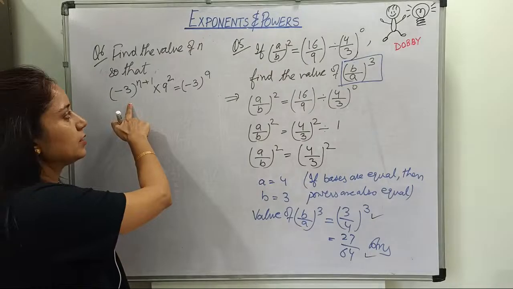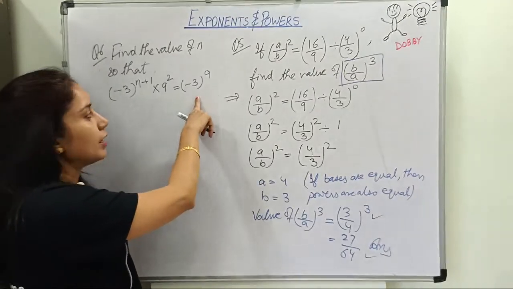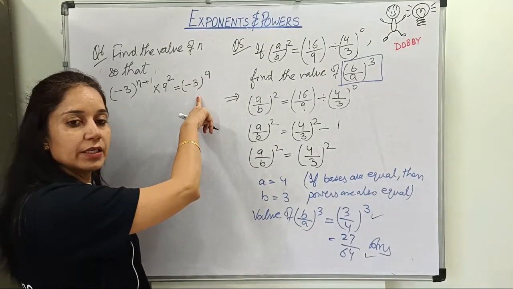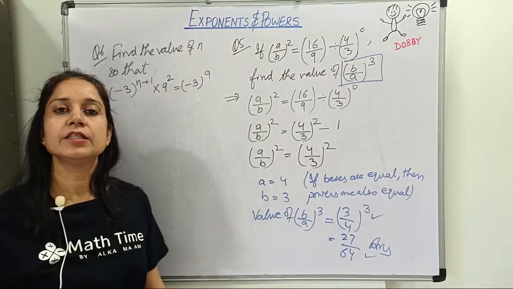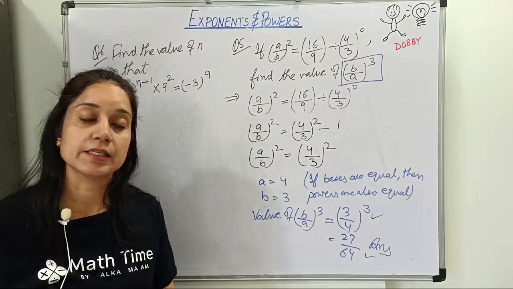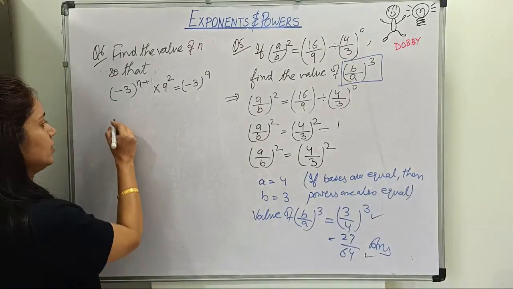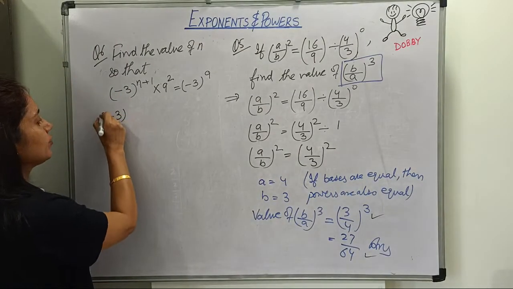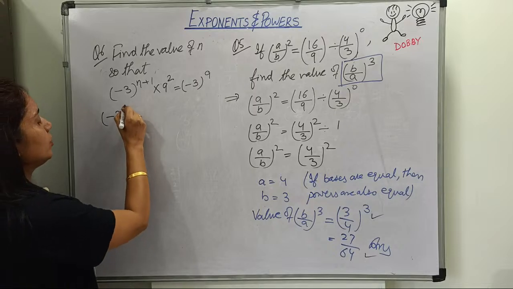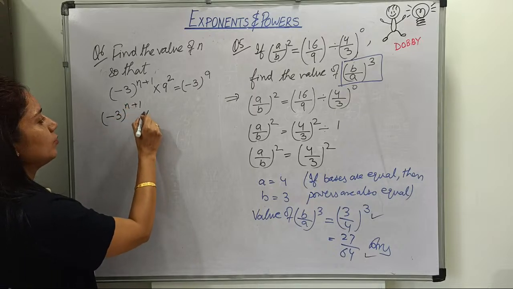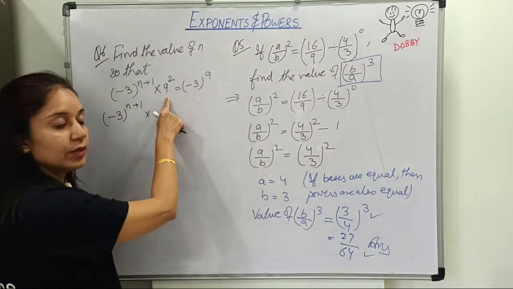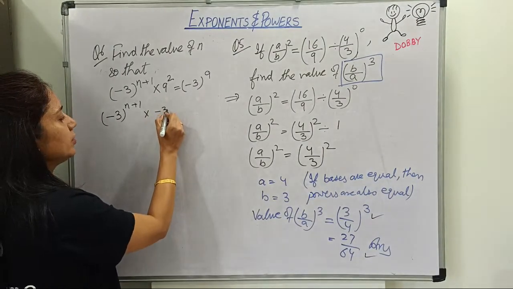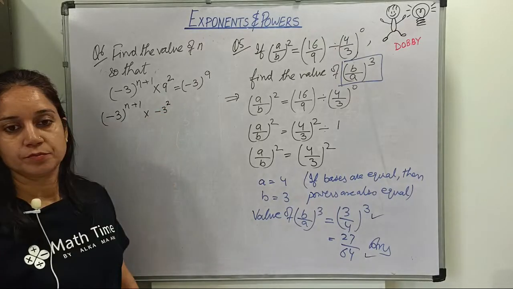The first base is minus 3 and the base on the other side of equals is also minus 3. That means we have to make all bases the same. 9 can be written in the form of minus 3. Let us write: minus 3 raised to the power n plus 1 multiplied by 9 written as minus 3 square.